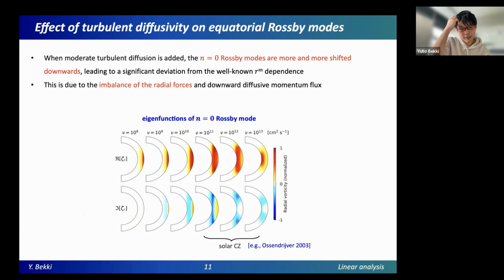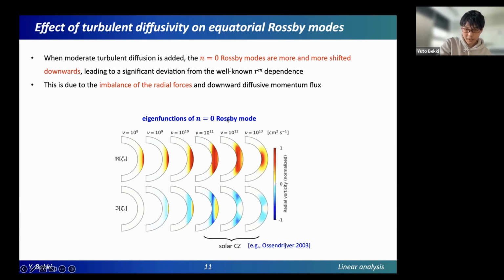All right, so that's the result from the ideal case. And now I'm going to examine the effect of turbulent diffusivity, turbulent viscosity, on the equatorial Rossby mode. Here I show the eigenfunctions of the n equals 0 equatorial Rossby mode for different values of turbulent viscosity.